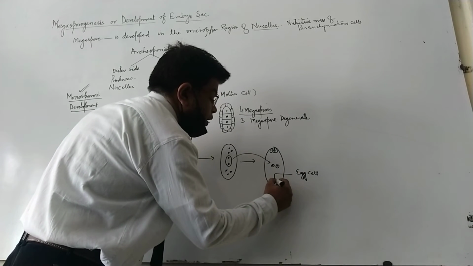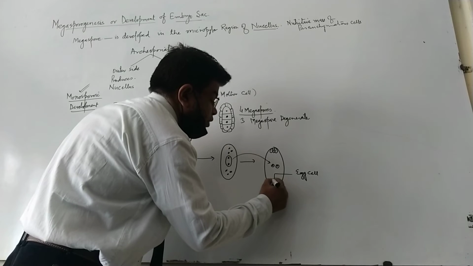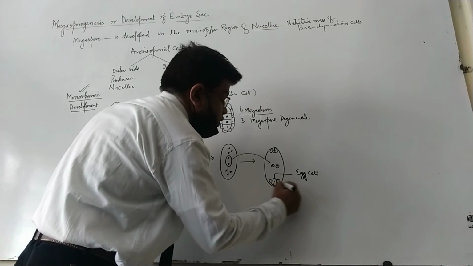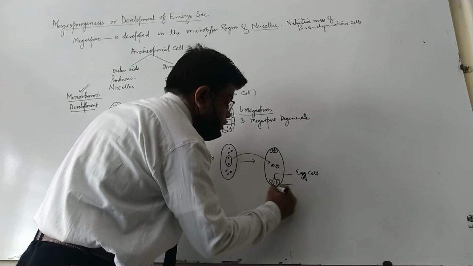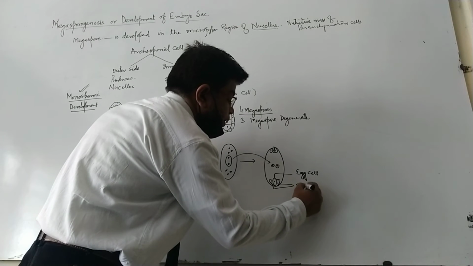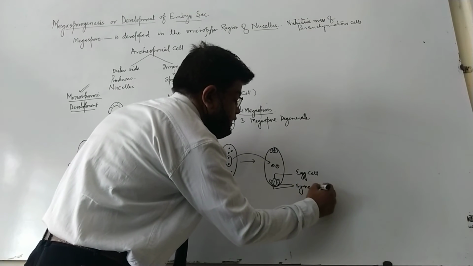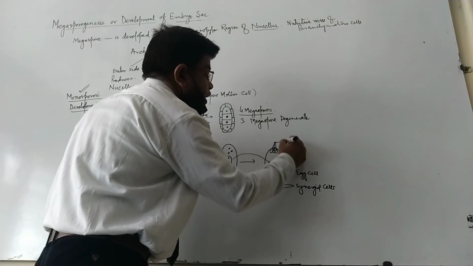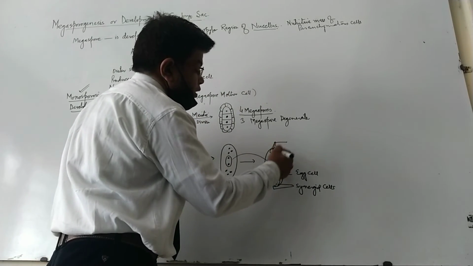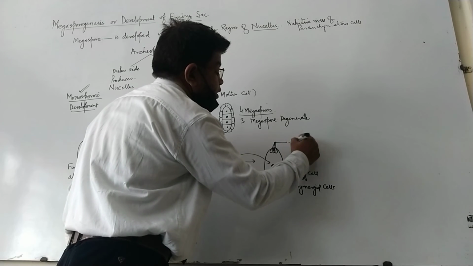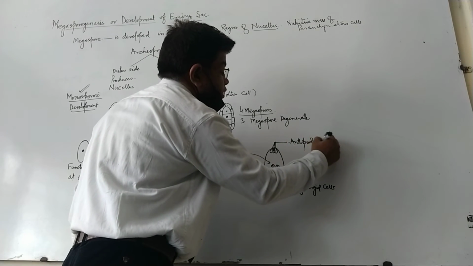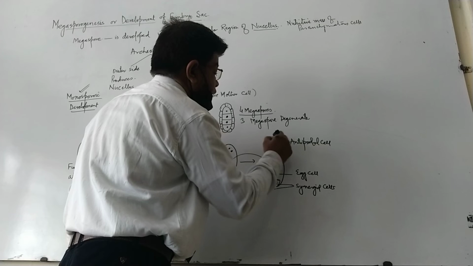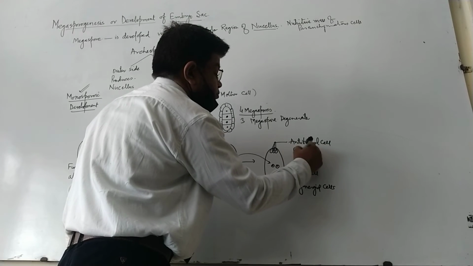One to the left and one to the right are the 2 synergids. These are the synergid cells, and these 3 cells are the antipodal cells at the chalazal end.